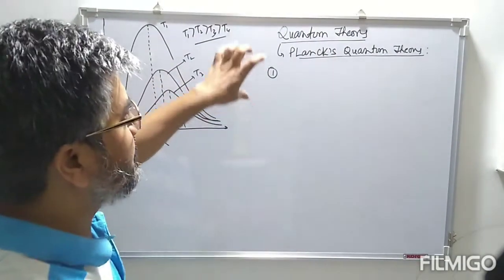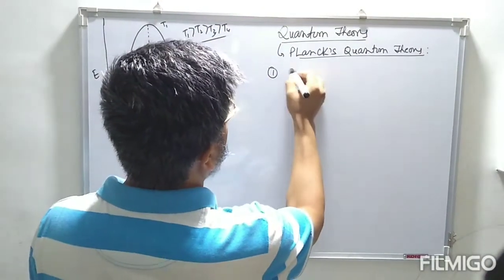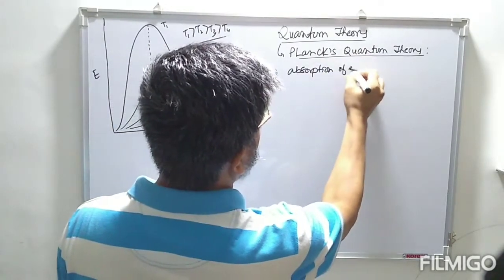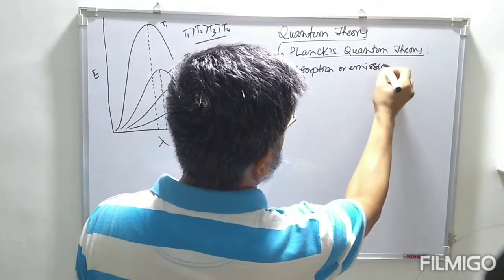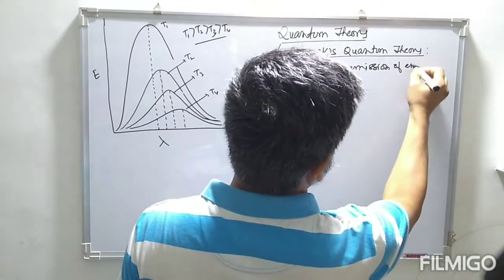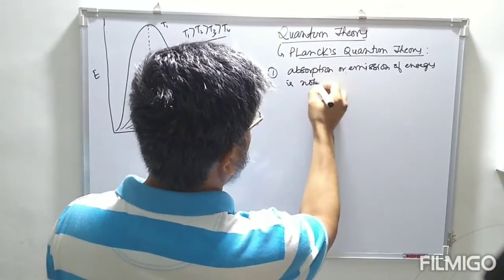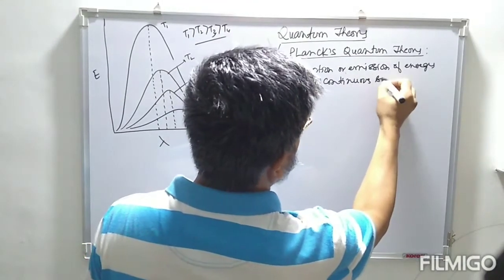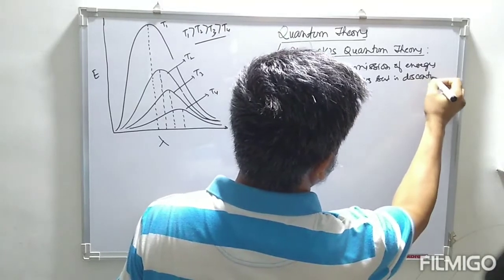So the postulates of Planck's quantum theory say absorption or emission of energy is not continuous but is discontinuous.